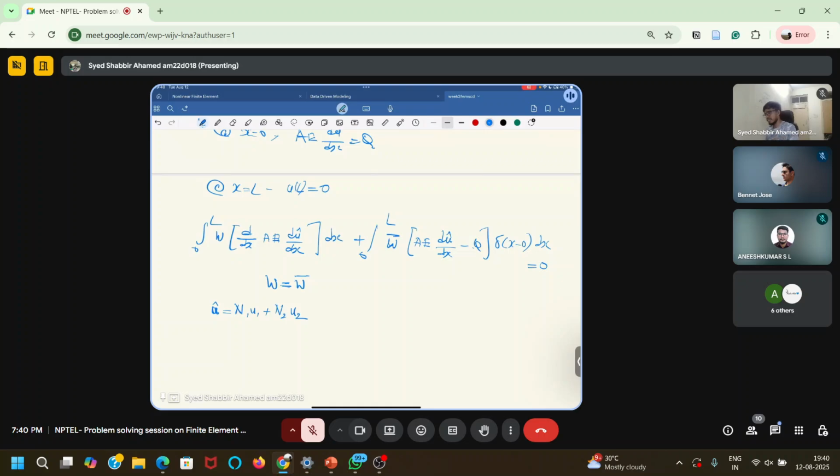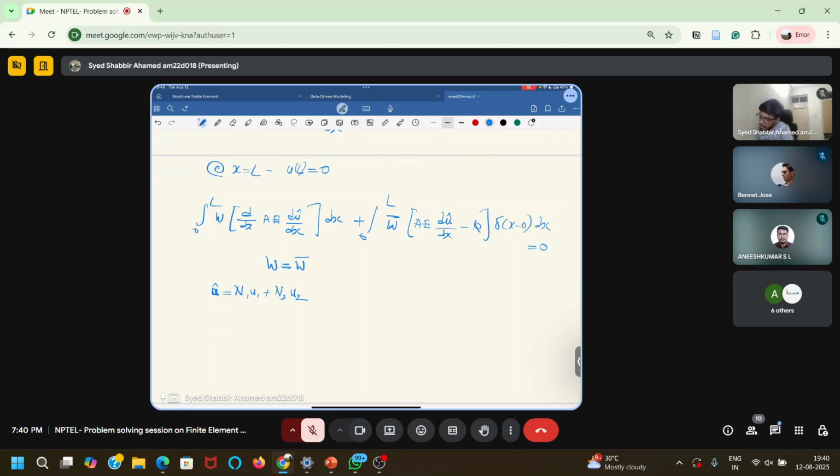We have already seen Lagrange interpolation. So u1 and u2 represent the displacements at the left hand and right hand of the bar, respectively.